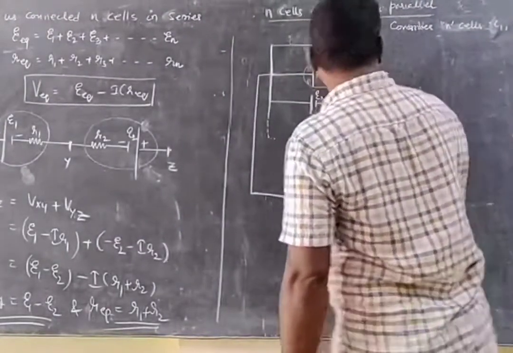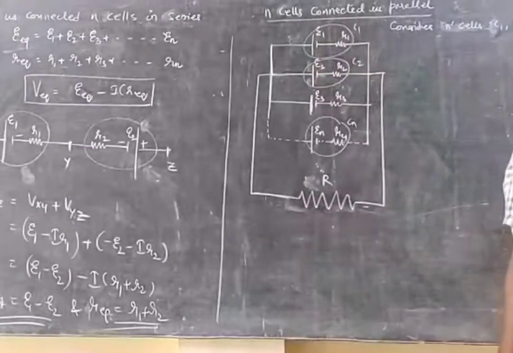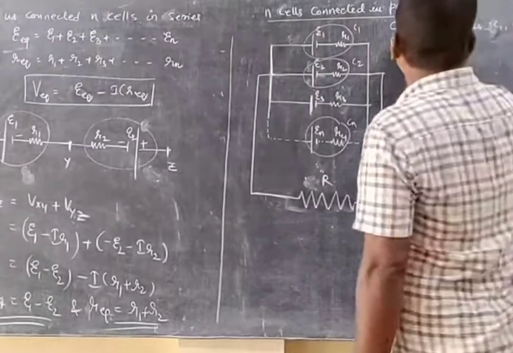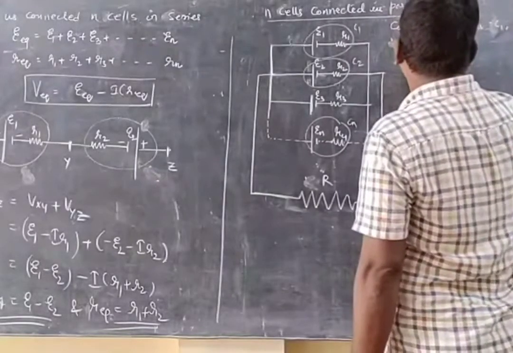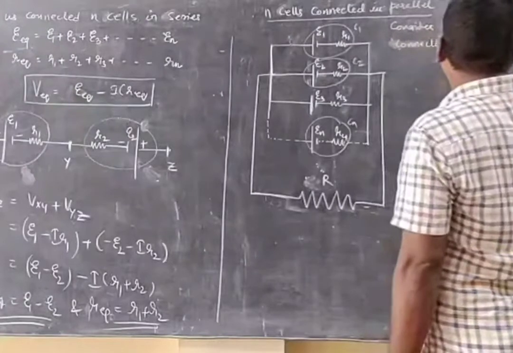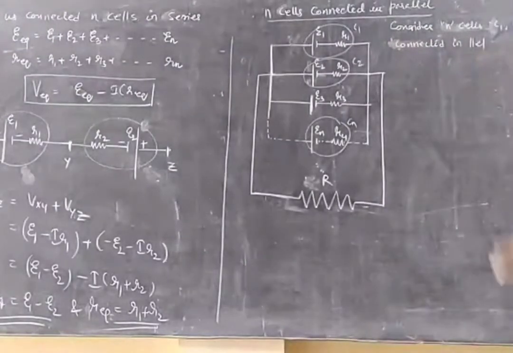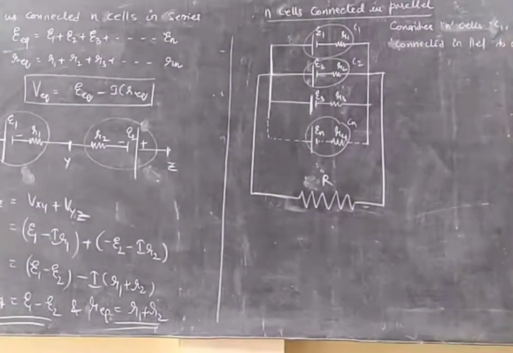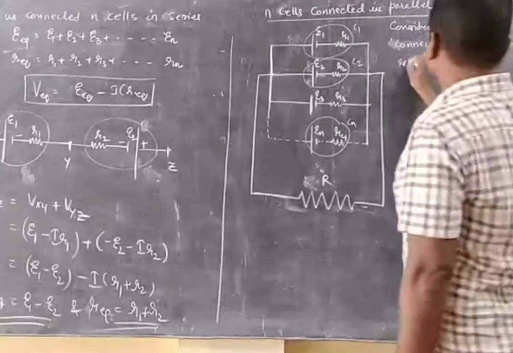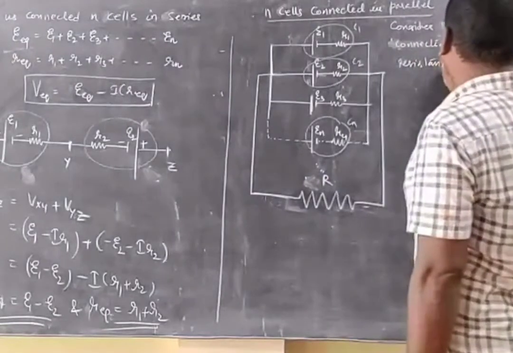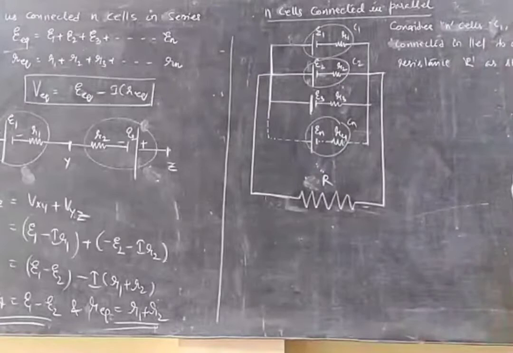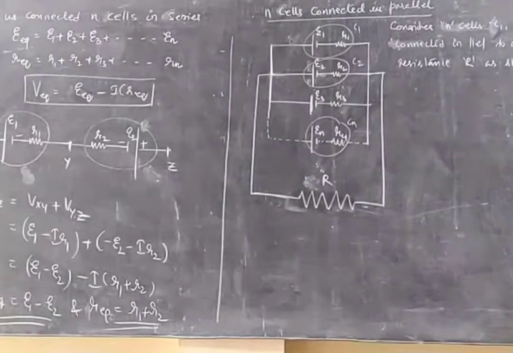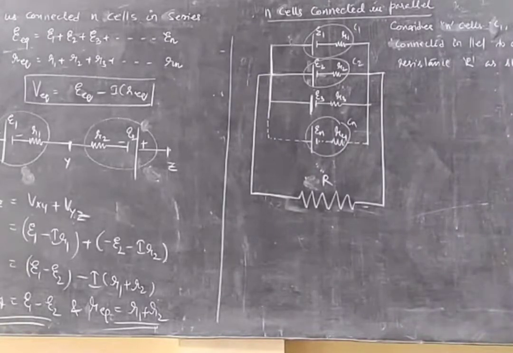Like that Cn, C3, and so on up to Cn. The N cells are connected in parallel to an external resistance R, as shown in the picture.